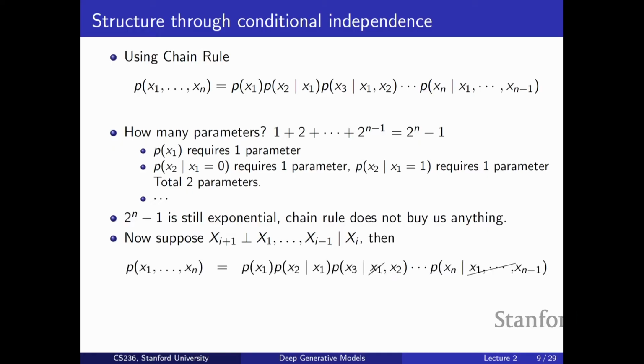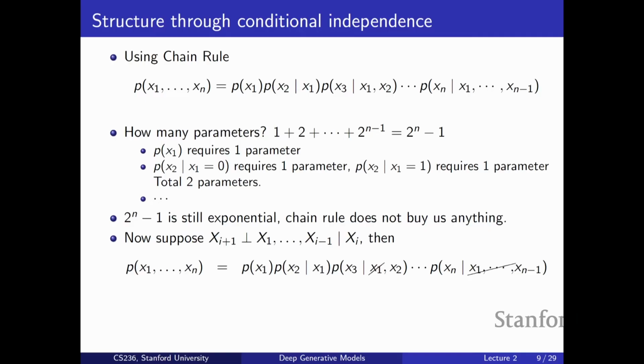If you're willing to make this assumption, then you get big savings. If you think about the definition of conditional independence, a lot of these conditional distributions will simplify. In particular, the probability of x3 given x1 and x2 becomes the probability of x3 given x2. So if you are predicting the third word, you just need to know the second word, and you can ignore the first word.